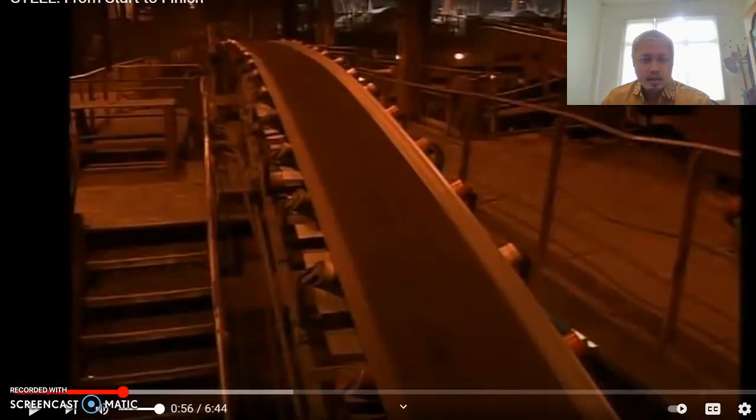They need to use a quite powerful magnet to clean the iron ore from any dust. When the strong magnet brings up the raw material or the steel, all the dust and all the unwanted parts will fall down.